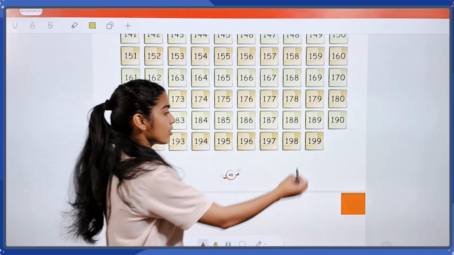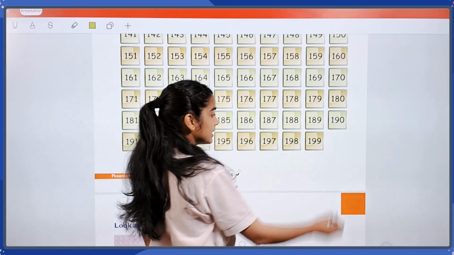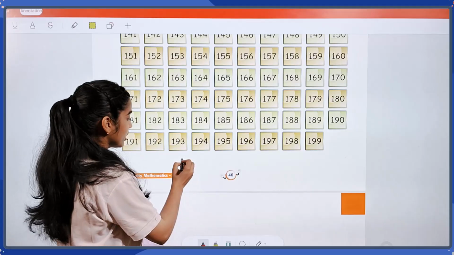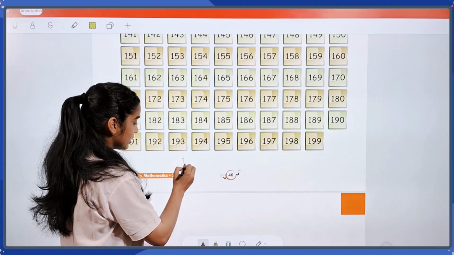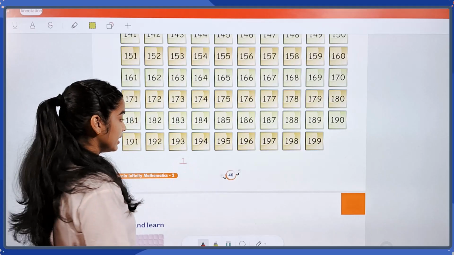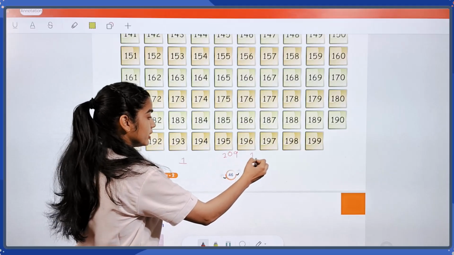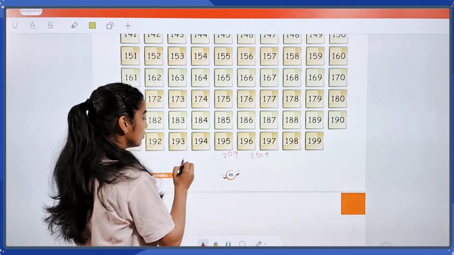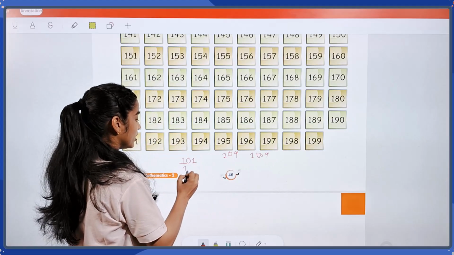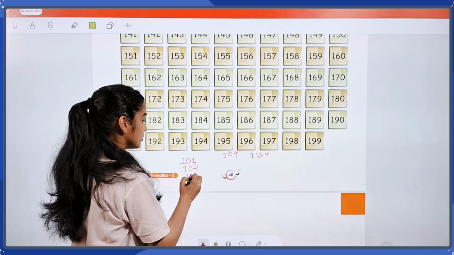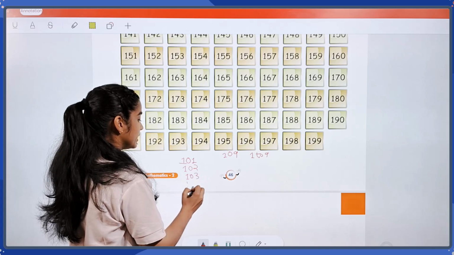So this is your 199. What you have to do is your number will remain the same at the hundreds place, which is 1. Then for 1 to 9, you have to add 0: 101, 102, 103, till 109.